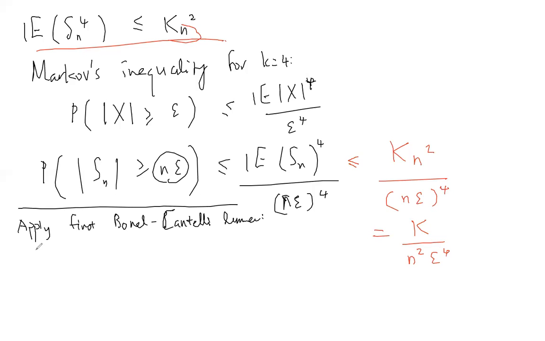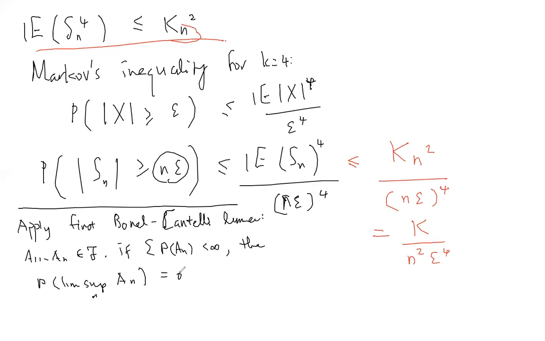The first Borel-Cantelli lemma says: if the sum of P(An) is convergent, then P of the lim sup equals 0. So that's your Borel-Cantelli lemma. And how to use it here? You look at it carefully. Over here, your An is equivalent to this set.